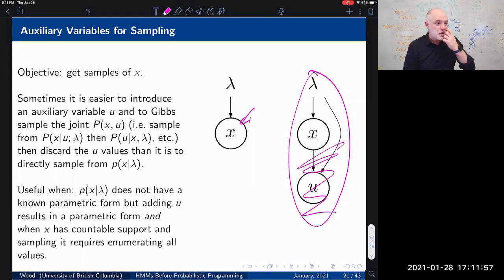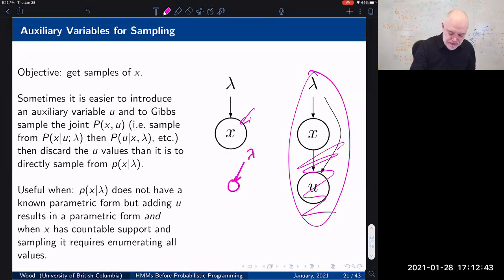If you're doing Gibbs sampling and you can enumerate, fine, but maybe in the wet grass example, let's think about a problem in which, for instance, you have an amount of rainfall.